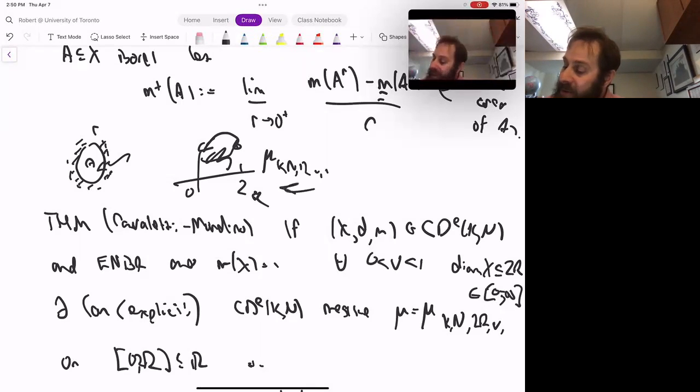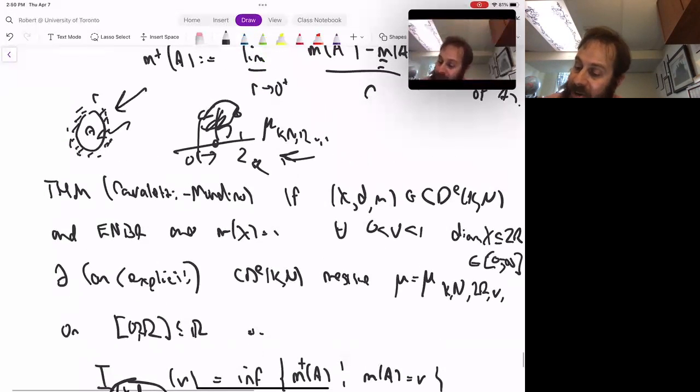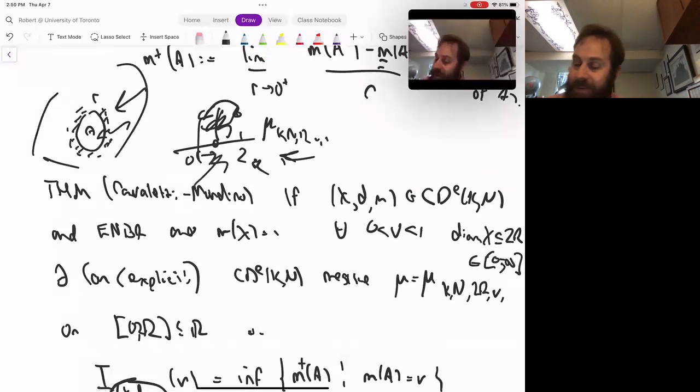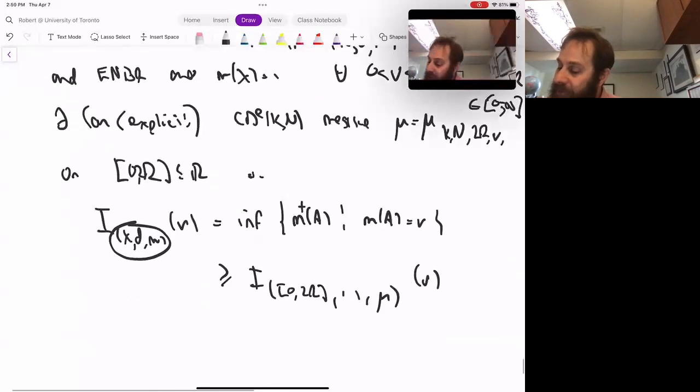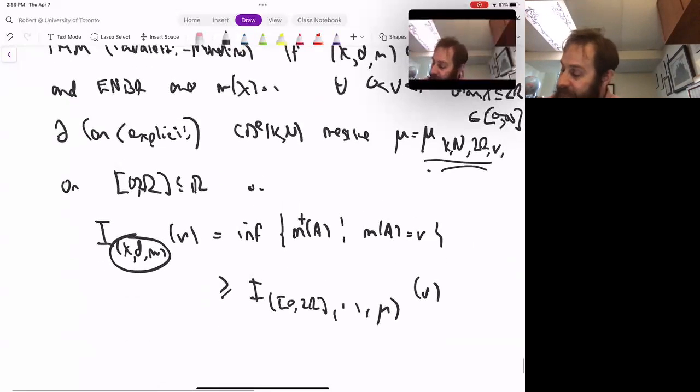And moreover, in the interval, the extremizing set is just a subinterval. So the extremizing set has boundary consisting of a point. So somehow all the complicated geometry of the multidimensional space gets pushed down to the interval. And you can solve these, the mu K,N are explicitly known and pretty simple.